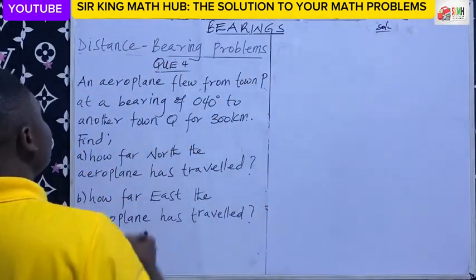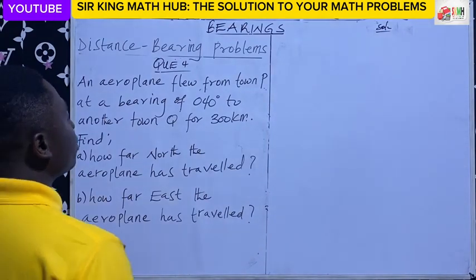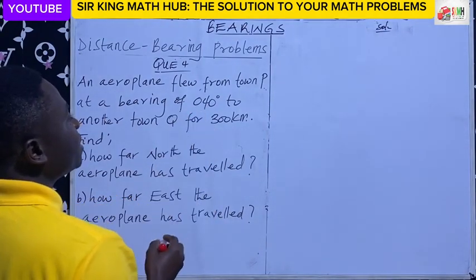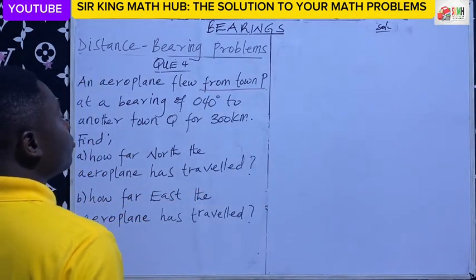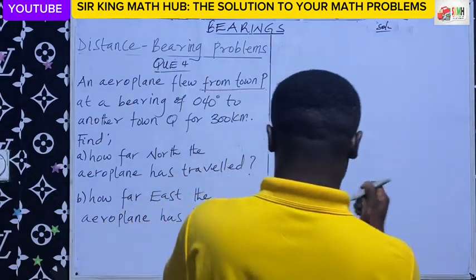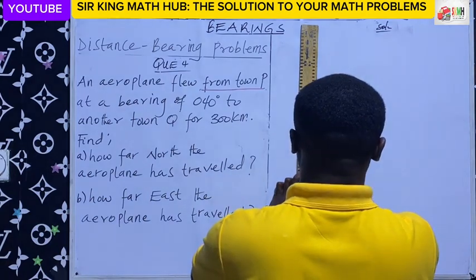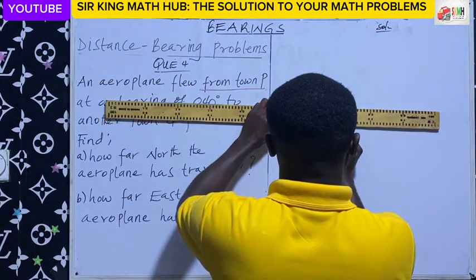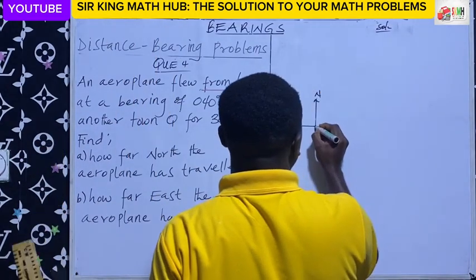So between town P and town Q, where do we measure the 40 degrees bearing? From town P. So let's do this. So there's our geographical north.